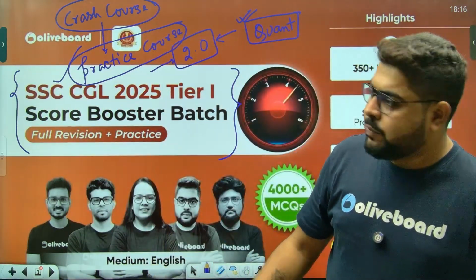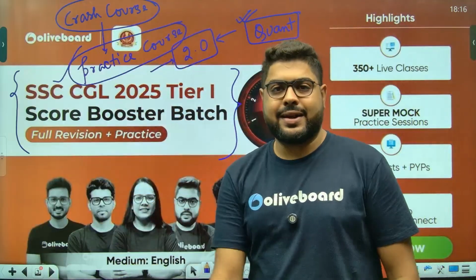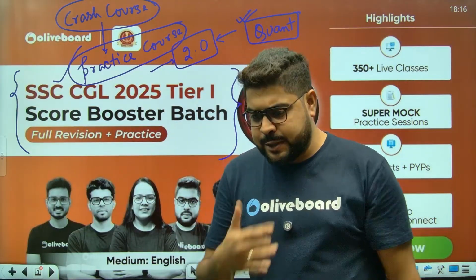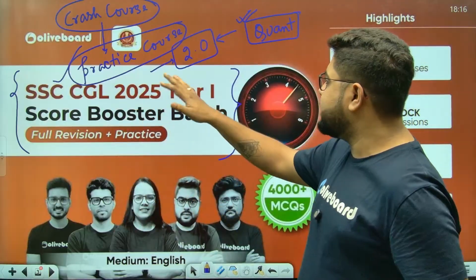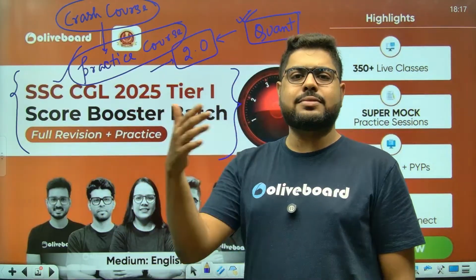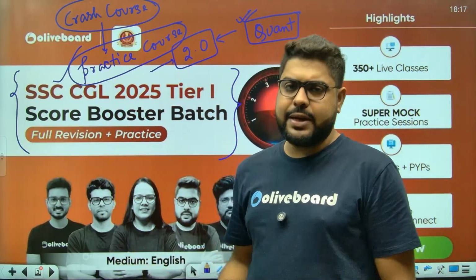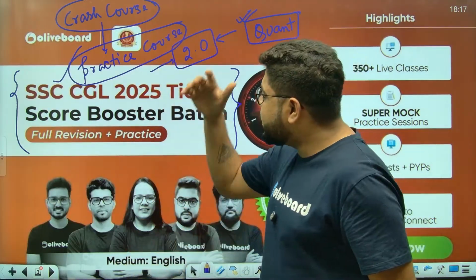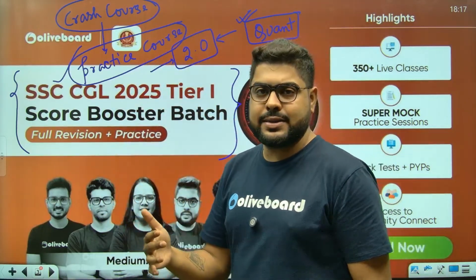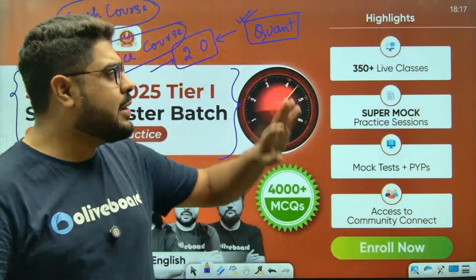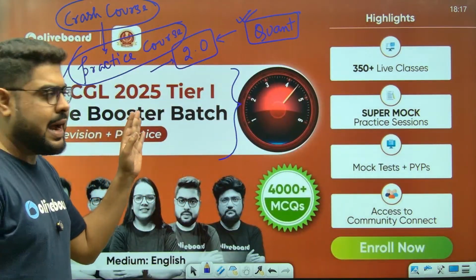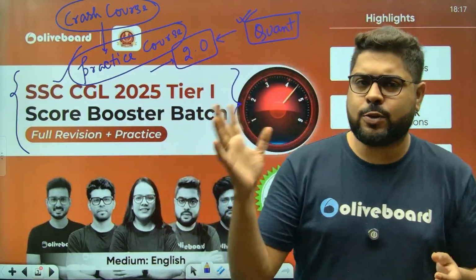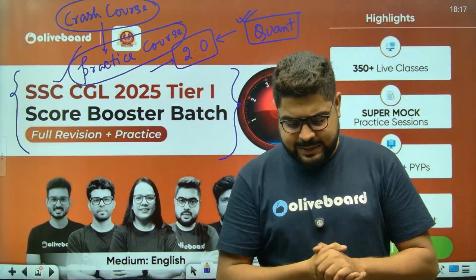Now you will get regular practice of all the subjects. If you have the subscription, you will have access to those batches. Even if you are an aspirant who has the basic preparation done, the quality practice, mocks, everything will be part of this. And the difference between this batch and the elite subscription is 200 to 300 max, not more than that.